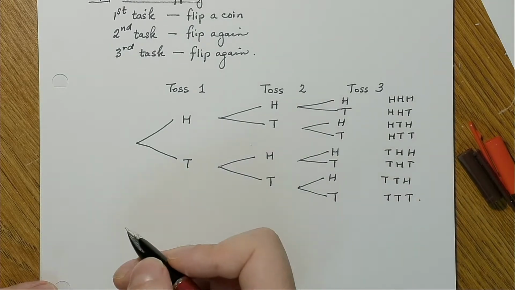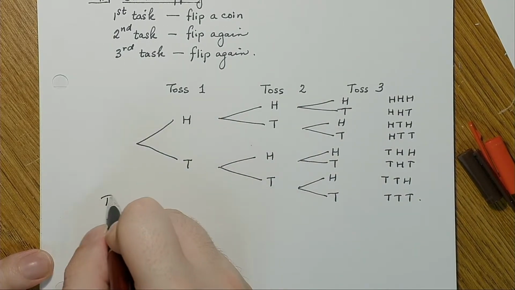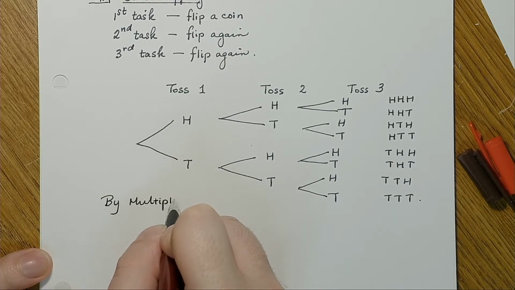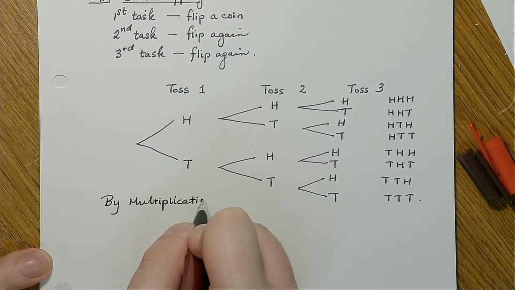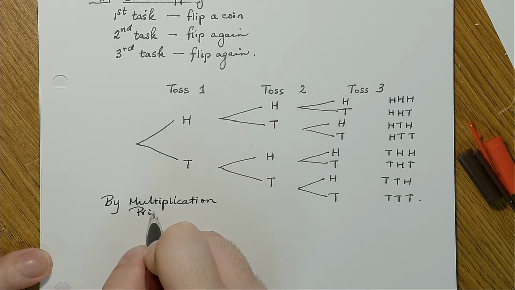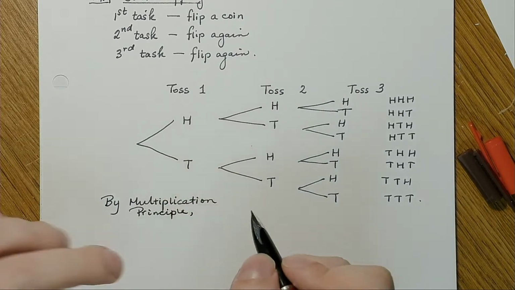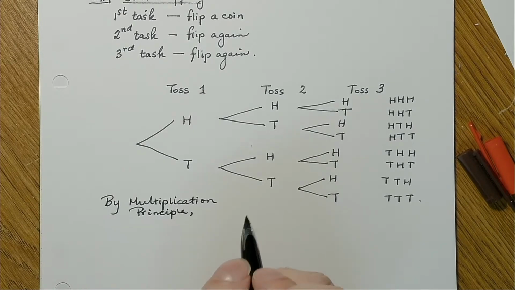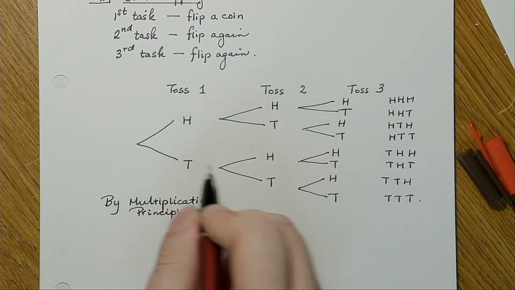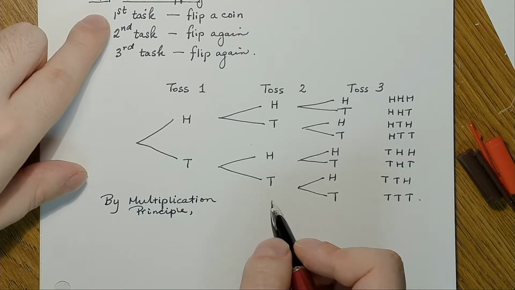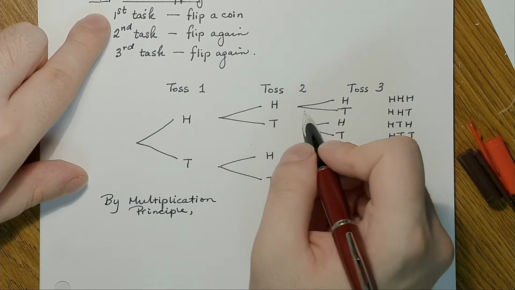But with the multiplication principle, because the coin isn't affecting what we had done previously. Flipping the coin doesn't mean I'm going to lose.